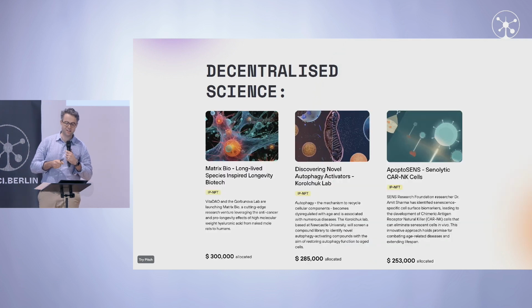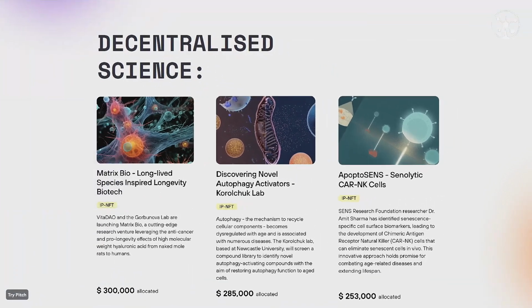So these are 3 somewhat randomly selected projects. I think it becomes pretty clear that I'm a VitaDAO fan, that were recently funded. And when you look at the price point that has gotten funded, usually a ticket is about $300,000. And the nature of the project is always at the point where a target has been identified, some form of drug target, be that an ECM target like Matrix Bio, an autophagy target, or a senolytic target.